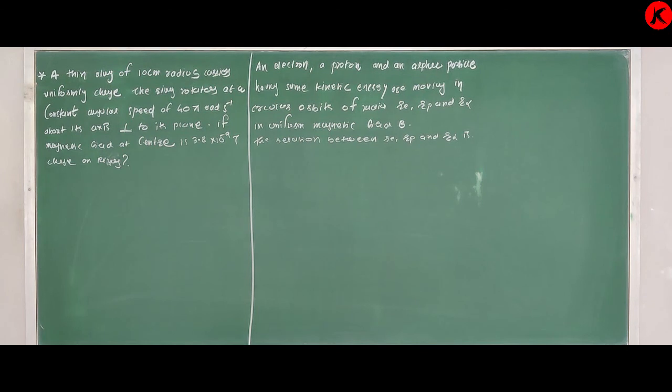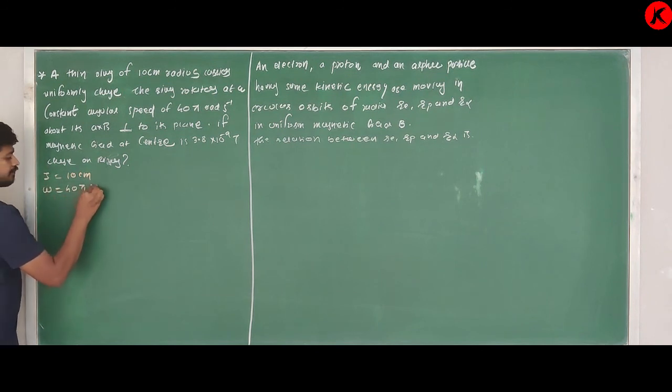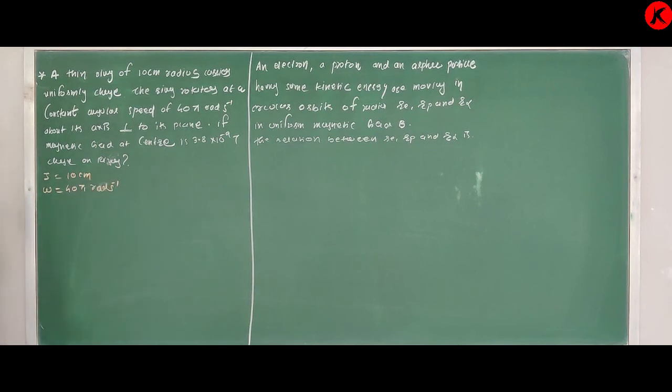Now next question, see, a thin ring of 10 centimeter radius. So write data, r is equal to 10 centimeter radius, carries uniformly distributed charge on it. The ring rotates at a constant angular speed omega, which is 40 pi radian per second, about its axis perpendicular to its plane.